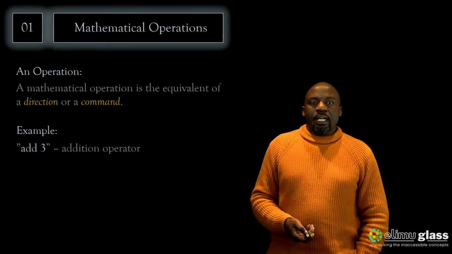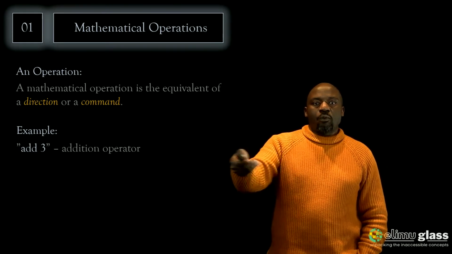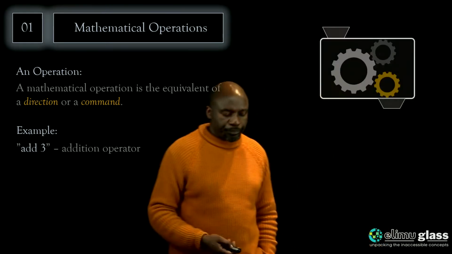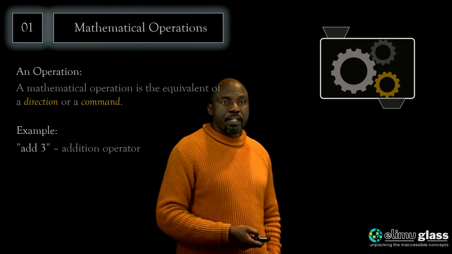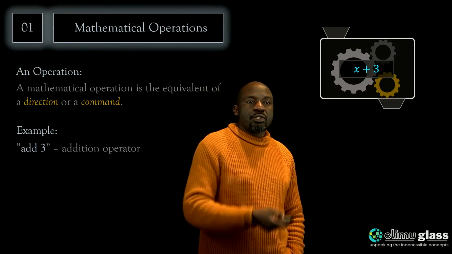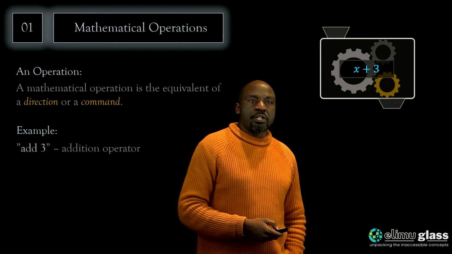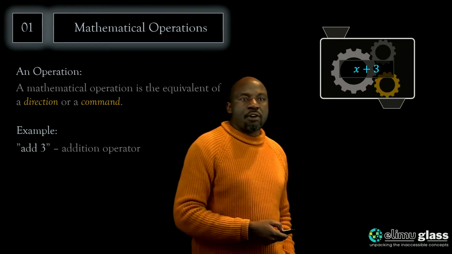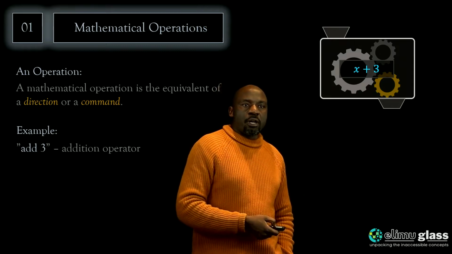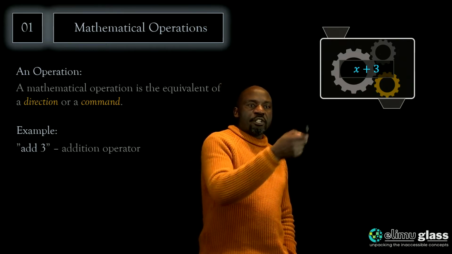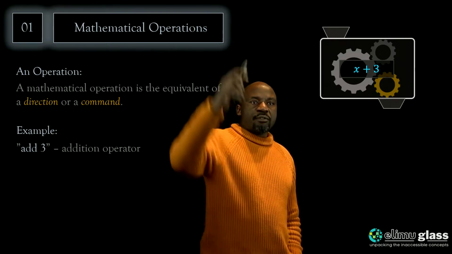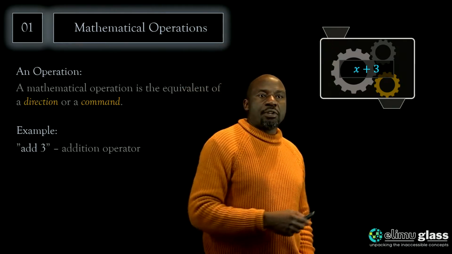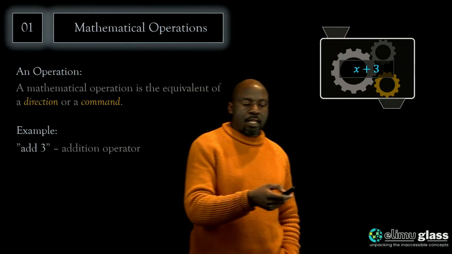Other examples of operations, I think we could represent this on our function machine. Let's start our machine there. So when we say x plus 3, here is a machine that is using the operator addition of 3. In this command, the machine says that whatever we bring in, we will add 3 to it to find a result out there.